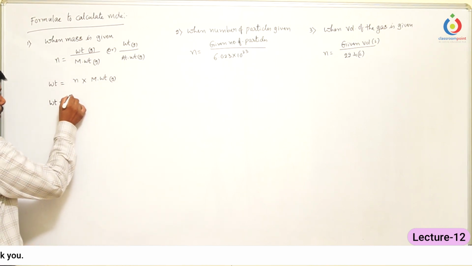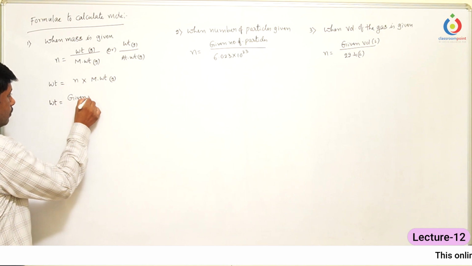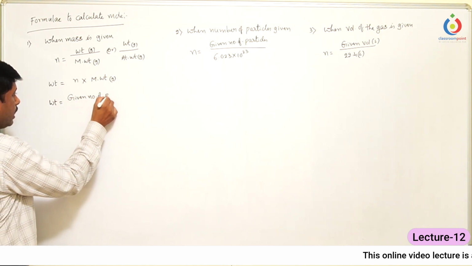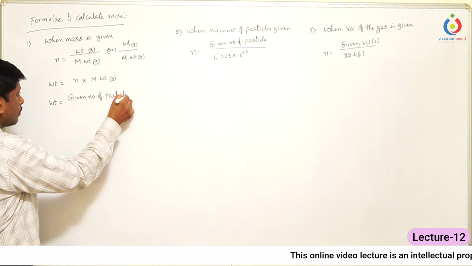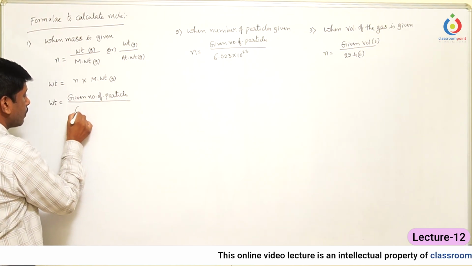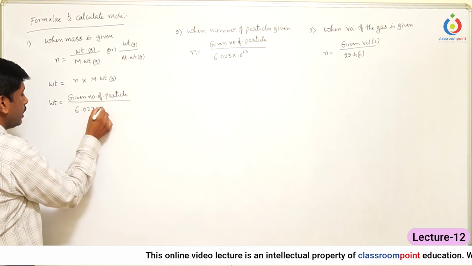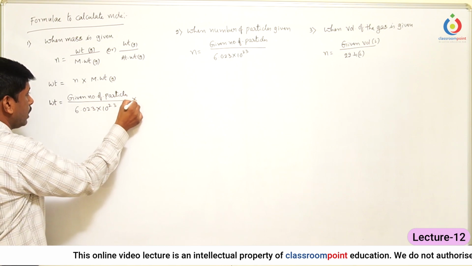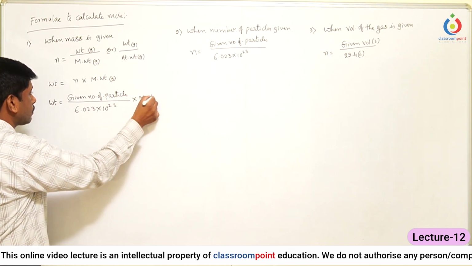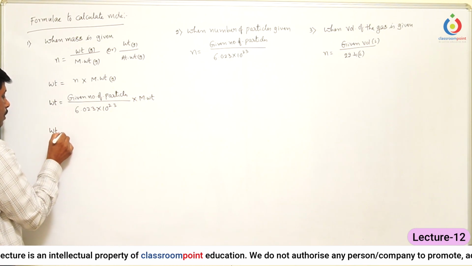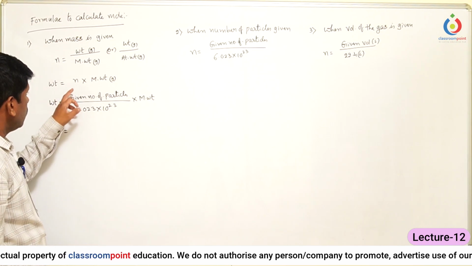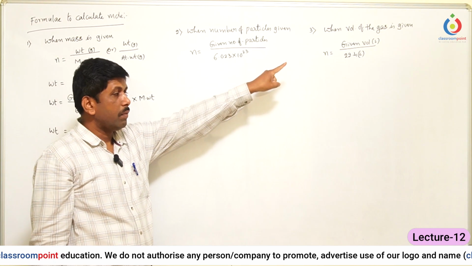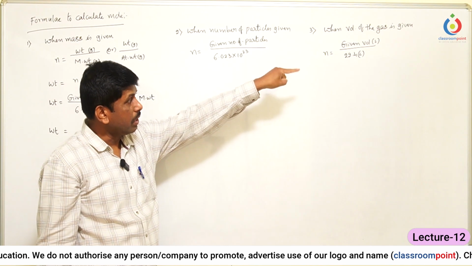So here we can write down the given number of particles divided by 6.023 into 10 power 23 into molecular weight. Now, if they give the volume of the gas, then in the place of N we can write down the volume.